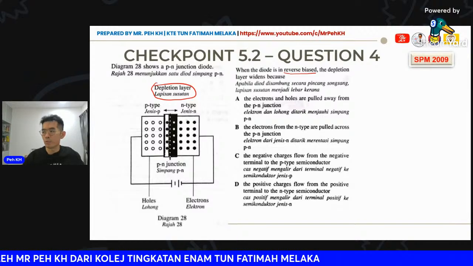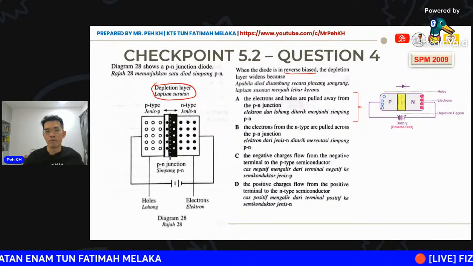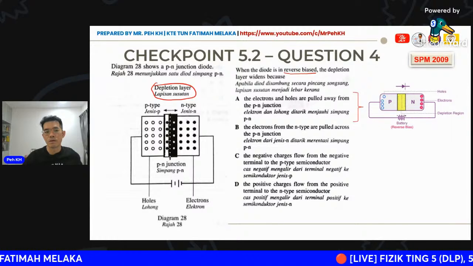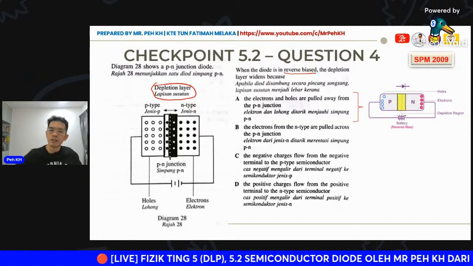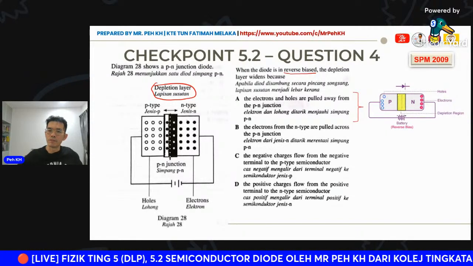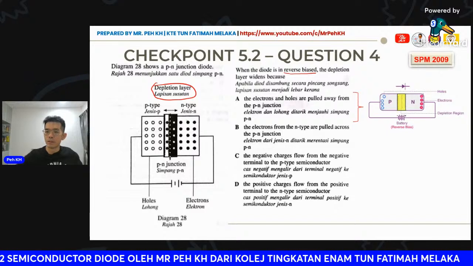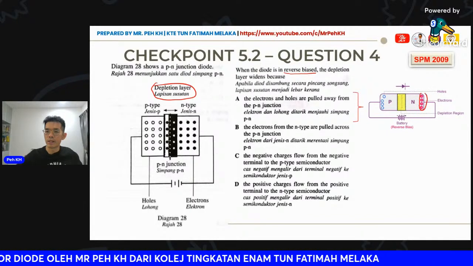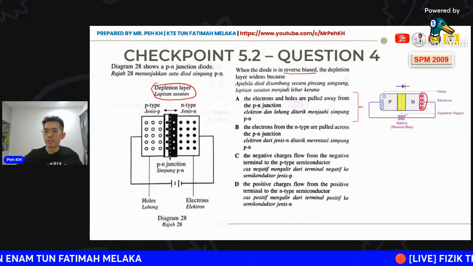Just now we also explained already, we have two types of arrangement or connection of the diode to the battery. Here you can see from the figure, the electron, the red colored dot, will be pulled by the positive terminal.